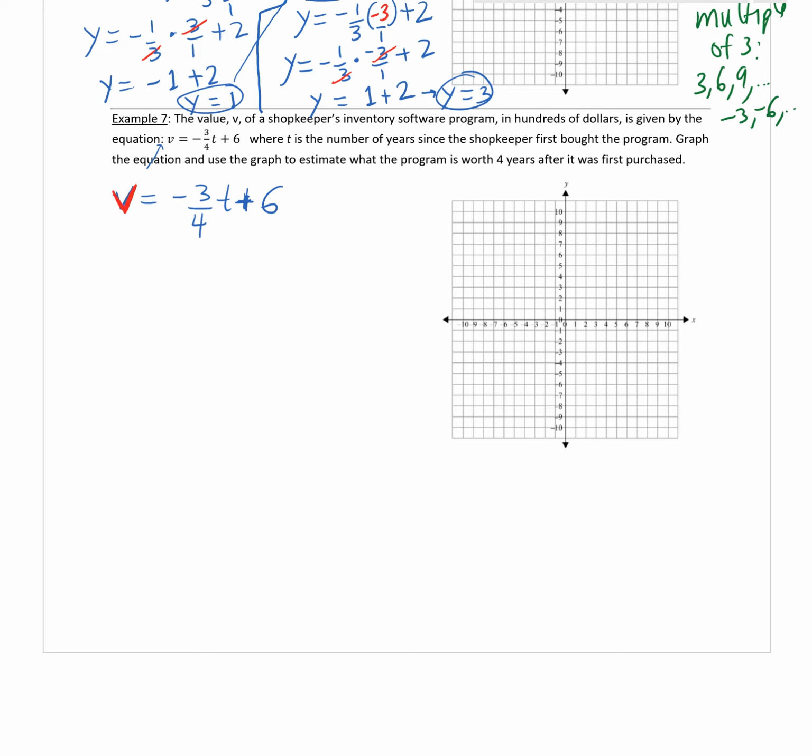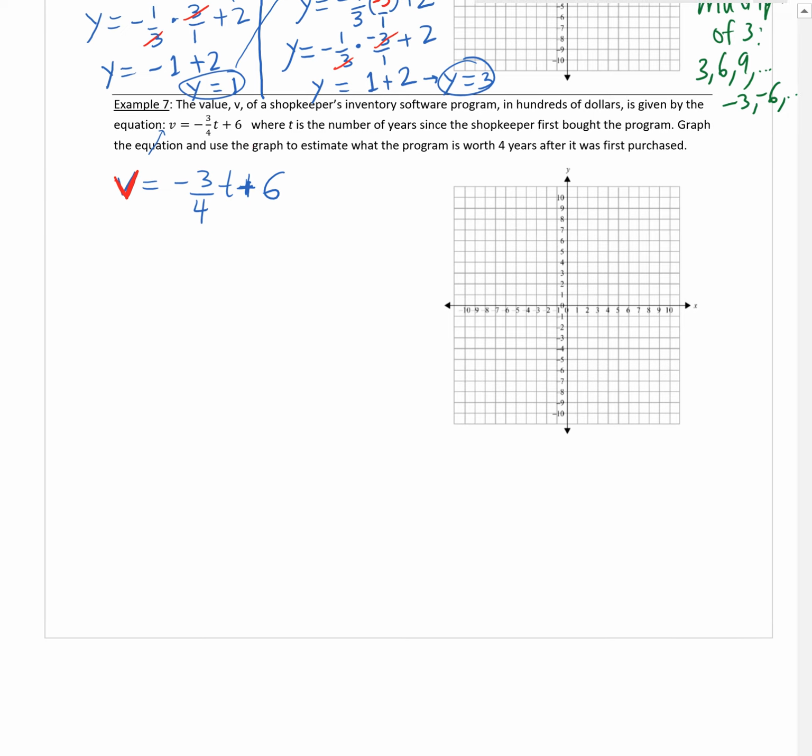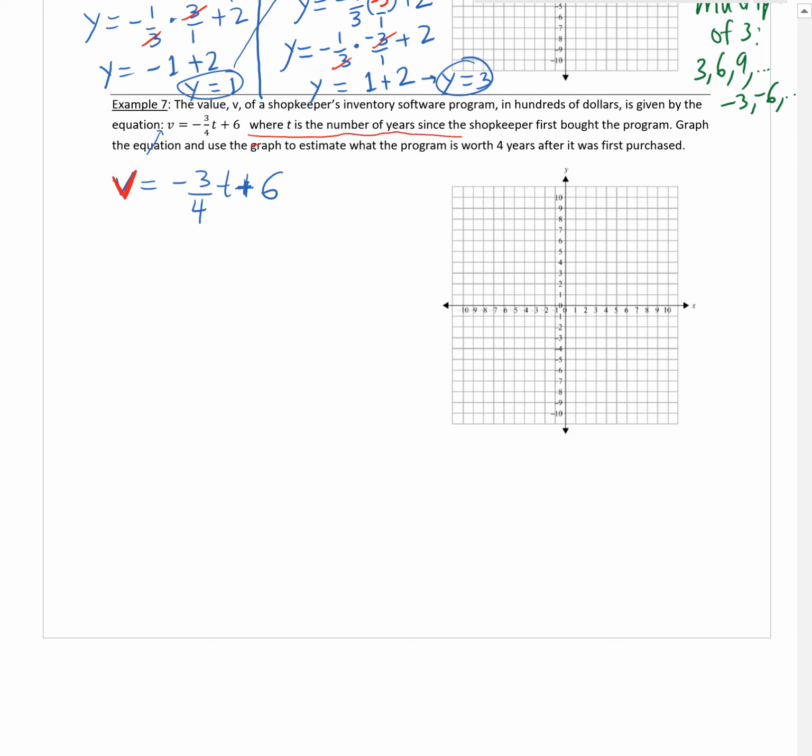So whatever your value of v is, that represents how many hundreds of dollars this software program is worth. It's given by this equation, and then they say where t is the number of years since the shopkeeper bought the program. So basically they're saying t is the age of this program. How old is it? They want us to graph this equation and use the graph to estimate what the program is worth 4 years after it was purchased.